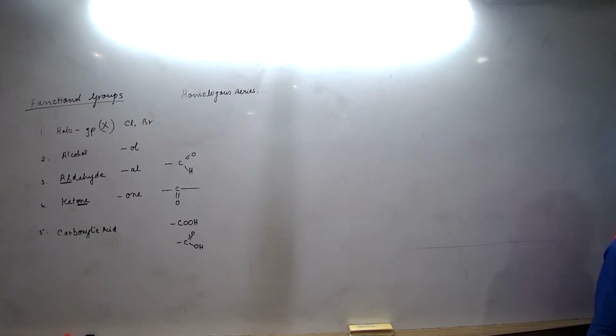Have you taken it down? So in your textbook, you put a tick mark for homologous series. I've given you the definition of homologous series, and you find that each one of the members increases by a factor of CH2. One carbon is increasing and two hydrogens are increasing.